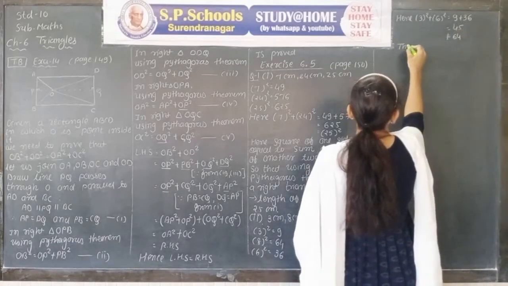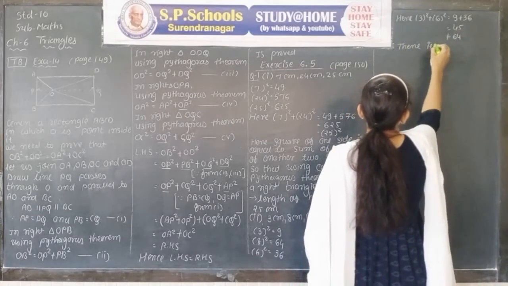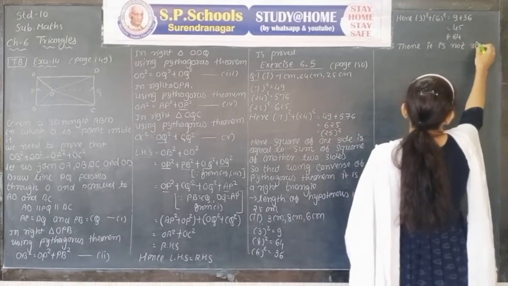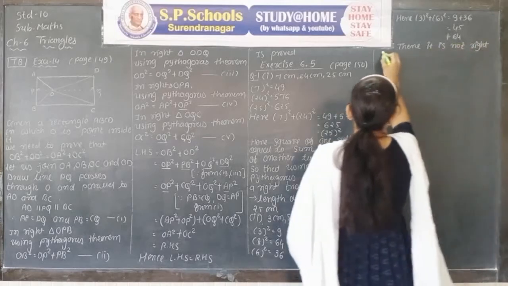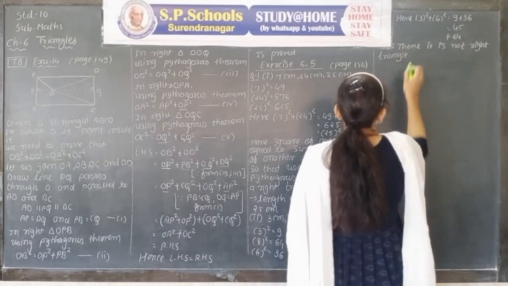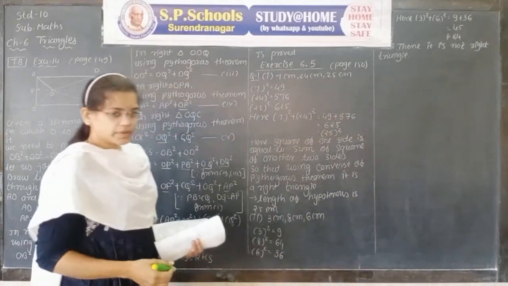Therefore, it is not a right triangle. So the length of hypotenuse does not apply here.